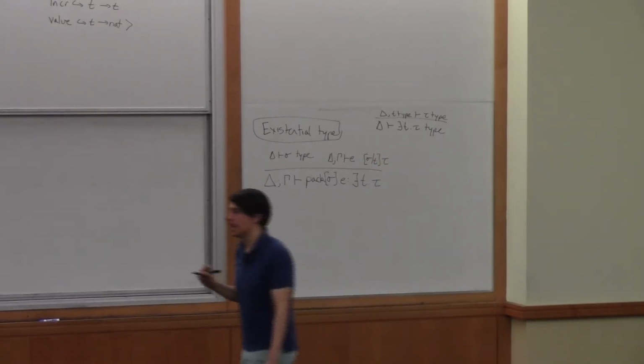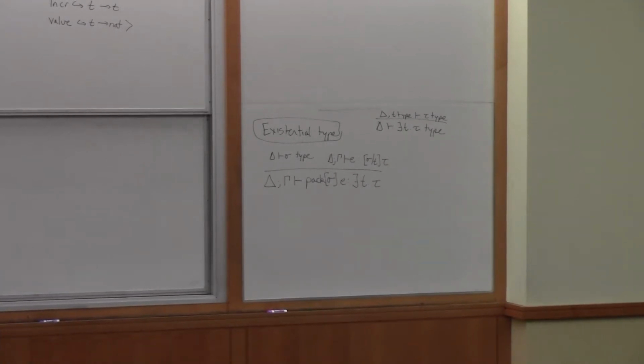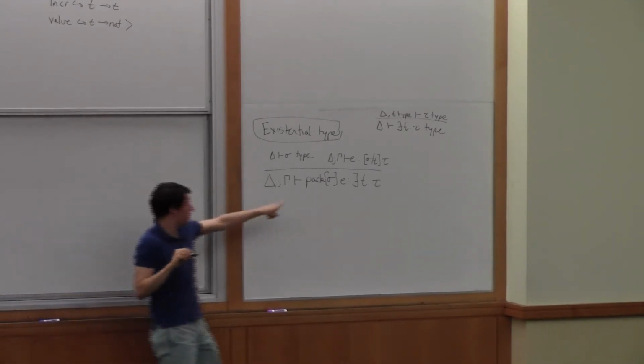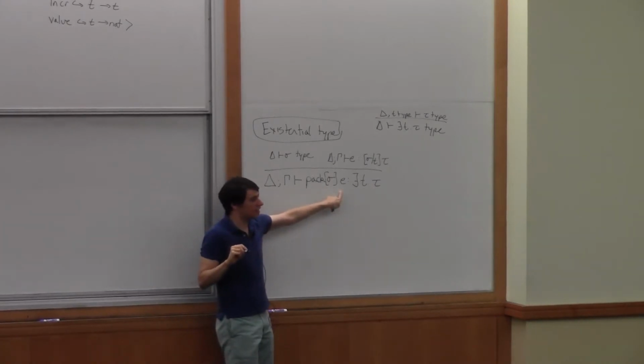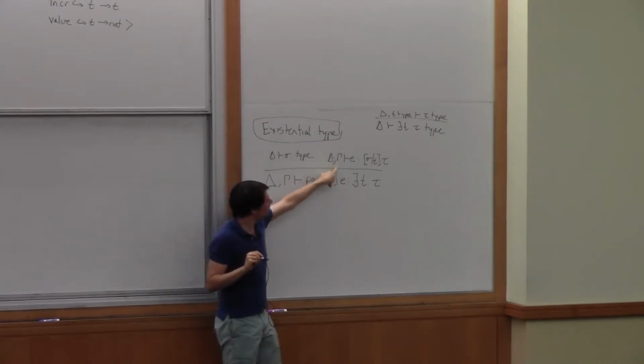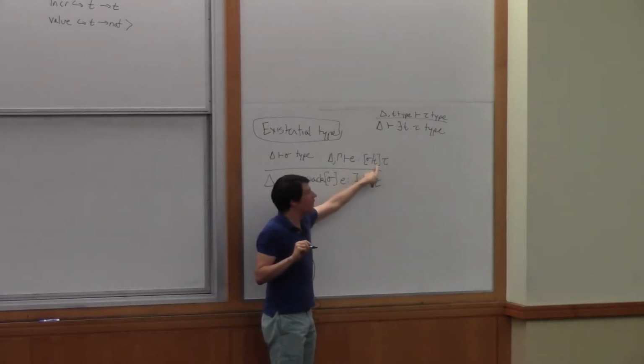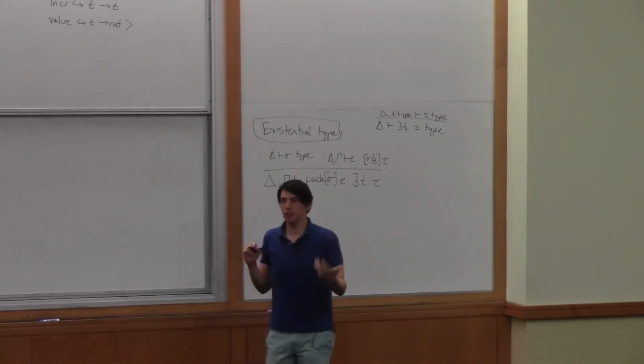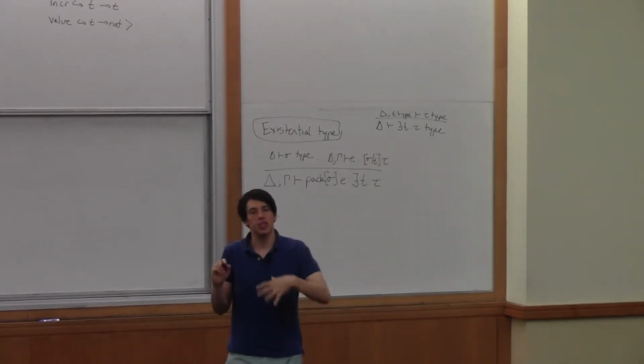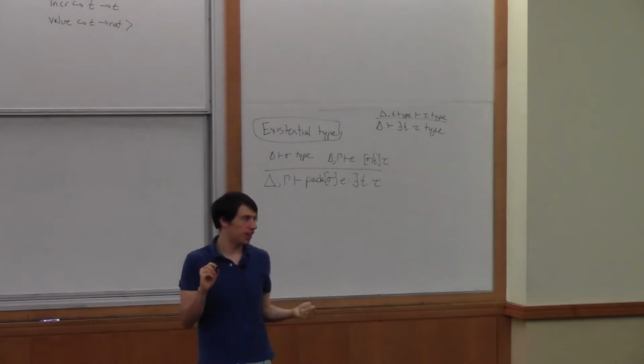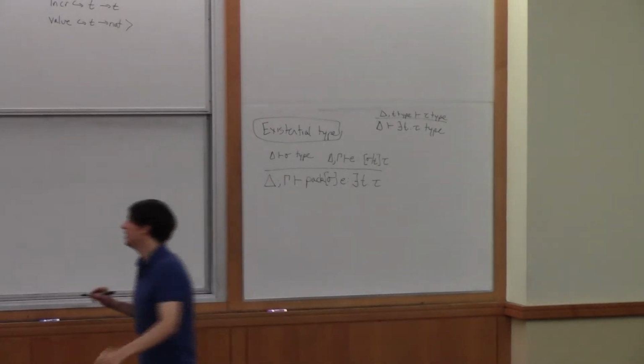Okay? Which is to say, the idea of pack sigma e is take t to be sigma, and then implement e having plugged in sigma for t, which is how you know that t is sigma in the implementation.